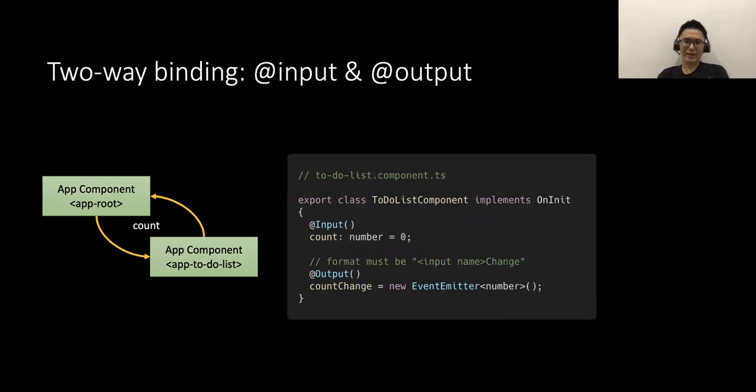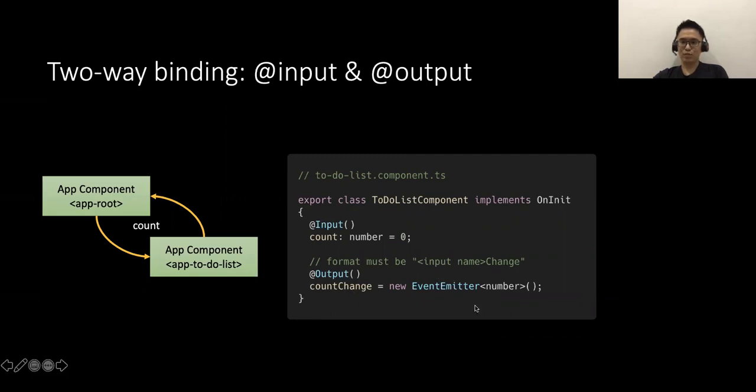Okay, for two-way binding, we need to create an input and an output. The input will have the input decorator. For the output, we need to have the output decorator, and also the name must follow the naming convention, which is the input name plus Change.